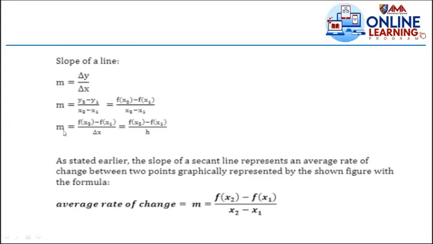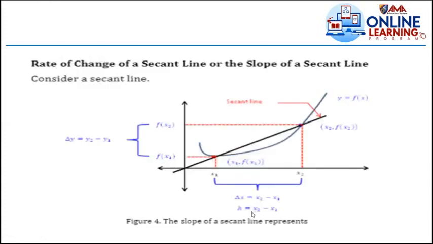So with that, this is our formula. m is equal to the function of x2 minus the function of x1 divided by delta x. It's also the same as the function of x2 minus the function of x1 divided by your h. Okay? So this is our h, still the same, x2 minus x1.